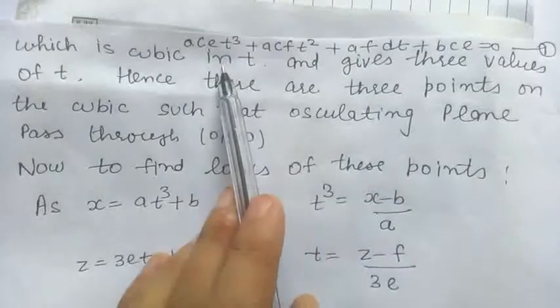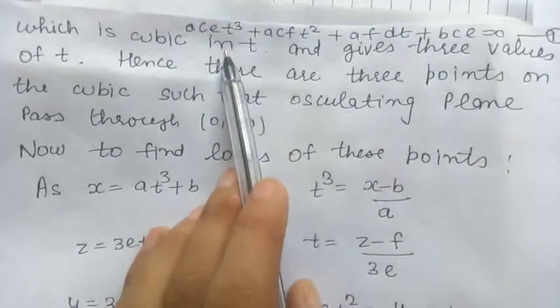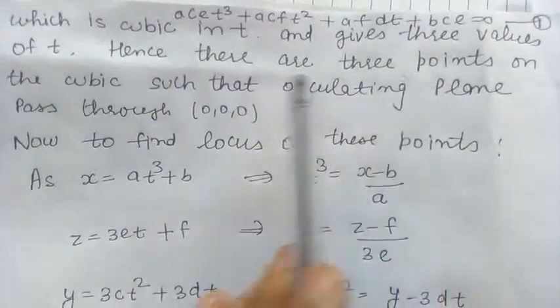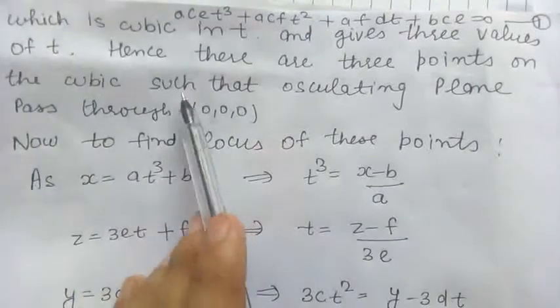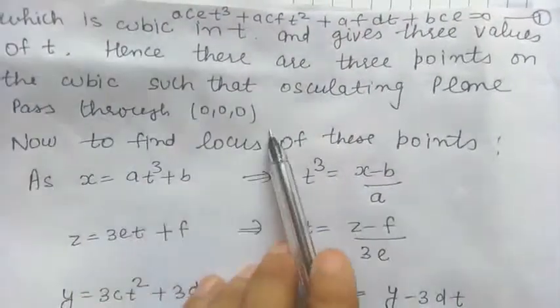This is a cubic equation in t, and because it is cubic in t, we will get three values of t from here. So therefore we can say that the 3 points on the cubic are such that the osculating plane is passing through the origin.